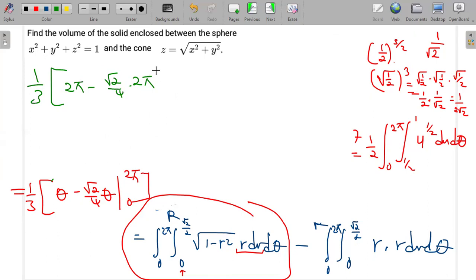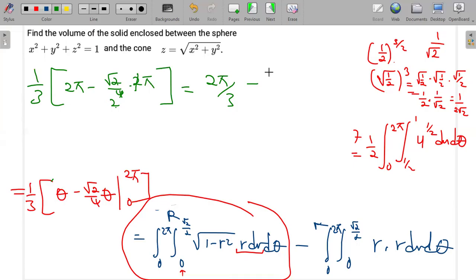So what do I get there? Okay, I can try to expand this with the 1 over 3. So I get 2 pi over 3 minus, okay, here the 2 cancels out with 2 from the 4. So I have root of 2 over 2 pi multiplied by this 1 over 3.